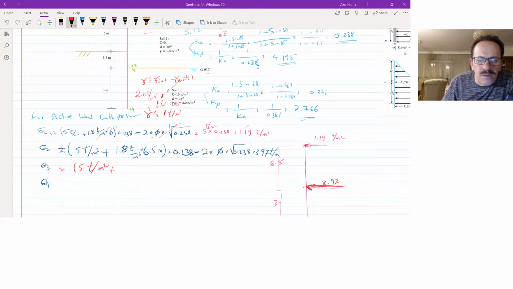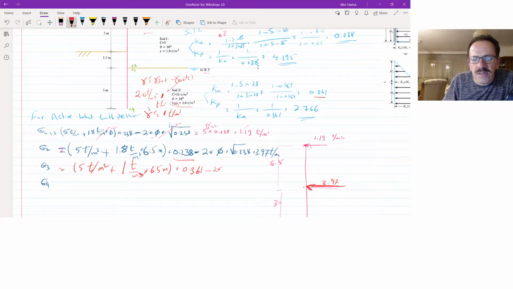So instead of soil 1's 1.8, I will use 1 ton per meter cube, because we want the submerged soil, and this depth will stay 6.5 meter. Now here's the tricky thing: the K active here, I'm using soil 2, so what will be the K active? It's 0.361, minus 2 times the C value.